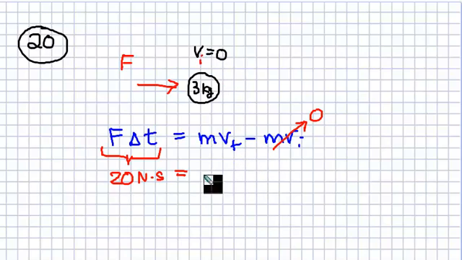Your job is to figure out the new speed, the final speed, v. Then your second job in part B is to figure out the new momentum. Well, the old momentum was 0. The new momentum would be this, the final momentum. So that takes care of 20A and B.